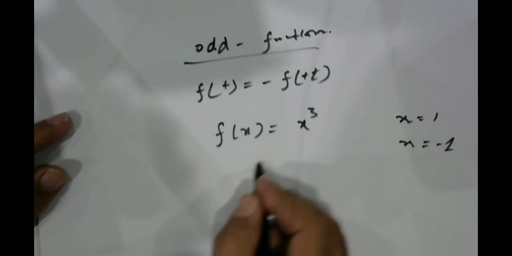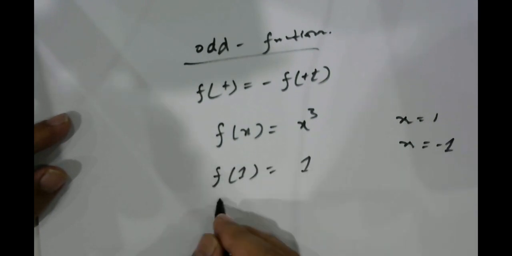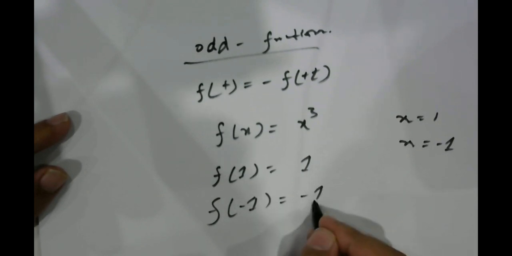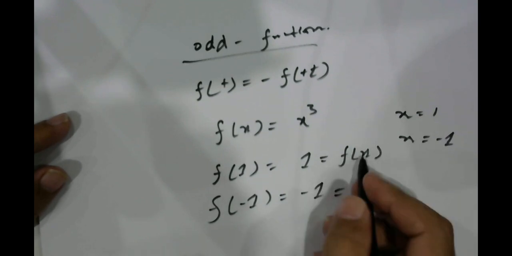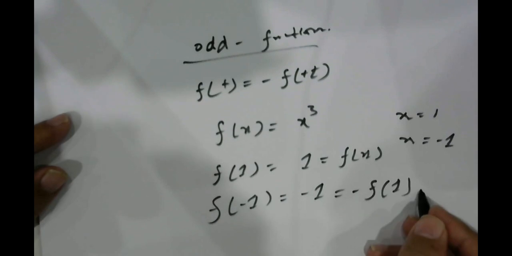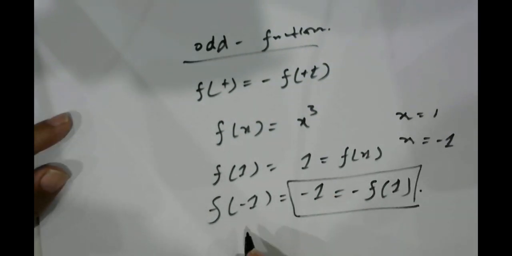Then what's going to happen? f of 1 will be 1, but f of minus 1 will be minus 1. So f of minus 1 is equal to minus f of 1, right? So any function of this form is what?